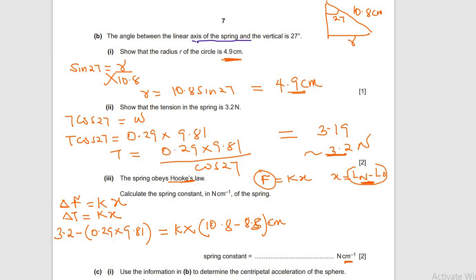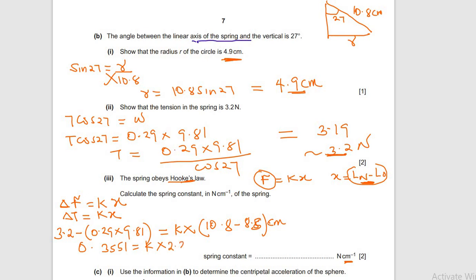That's 2.8449 minus 3.2. So this gives us 0.3551 equal to K times 10.8 minus 8.5.